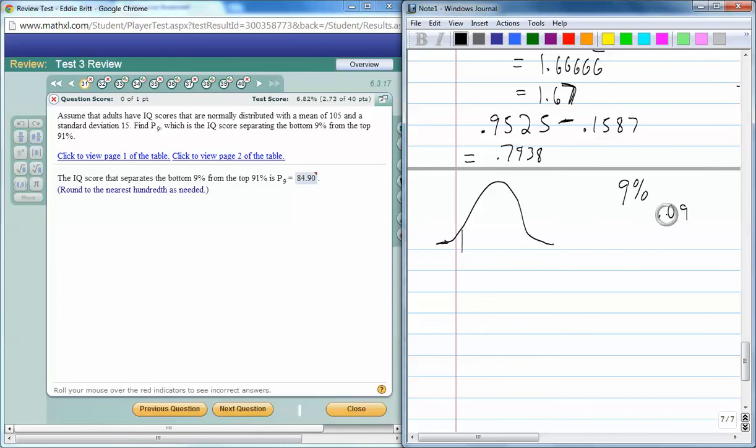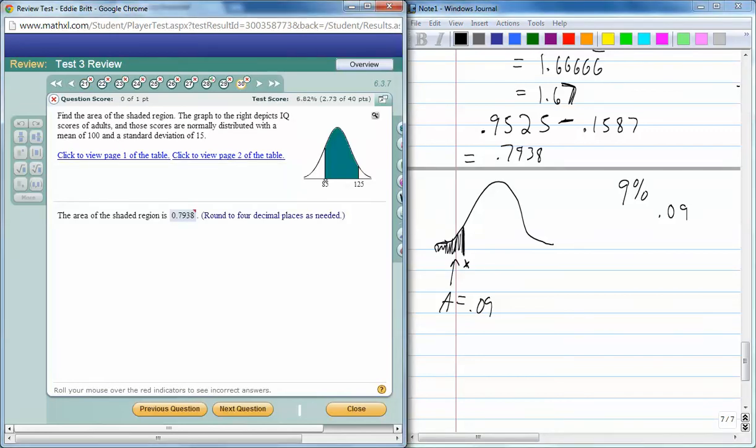That's not even 0.1. It's not even a tenth of this. But let's just pretend that area is 0.09. Okay, we're trying to figure out the IQ score. That's the actual X value here. So like on the previous problems where we were given the number, now we're trying to figure out that number. We're not trying to figure out the z-score, we're trying to figure out that number.